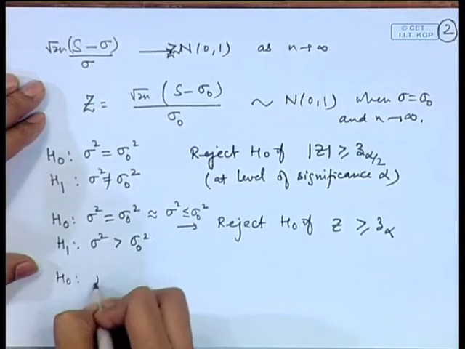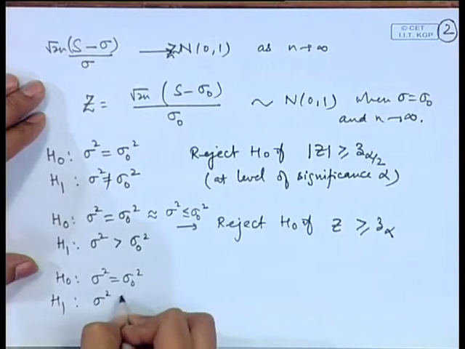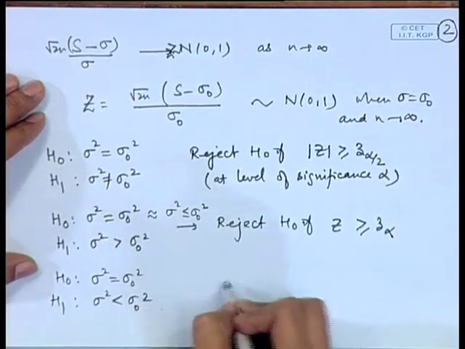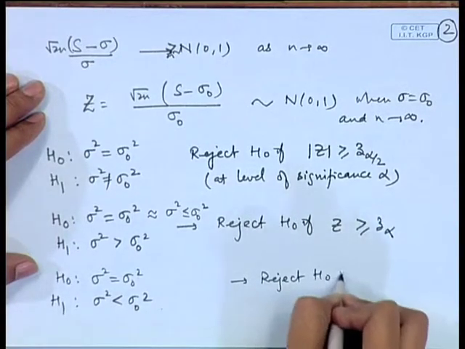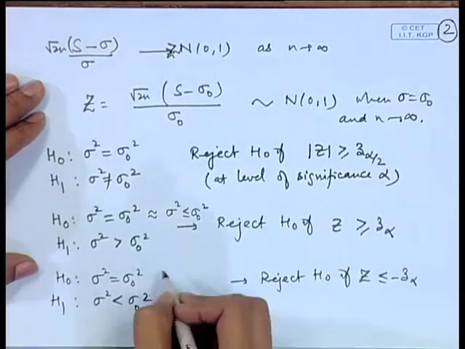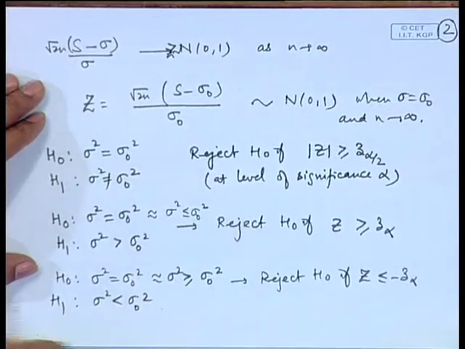Similarly, if I am considering sigma square is equal to sigma naught square against the one sided alternative sigma square less than sigma naught square, then we will reject H naught if z is less than or equal to minus z alpha, and again this is equivalent to sigma square greater than or equal to sigma naught square.